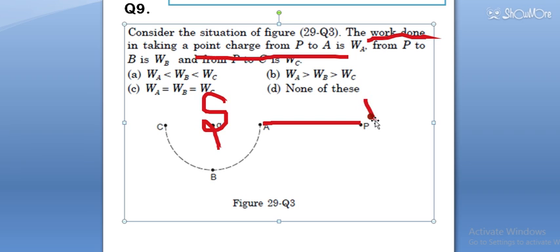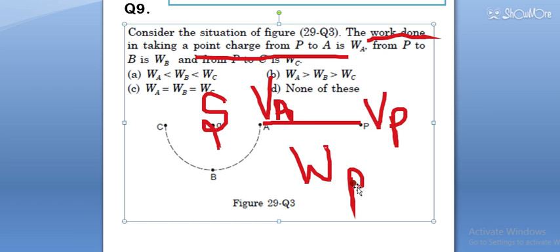Let's suppose the potential at point P is VP, and the potential at A is VA. So the work done from P to A is equal to, since we are moving a point charge, V final, that is VA, minus VP.